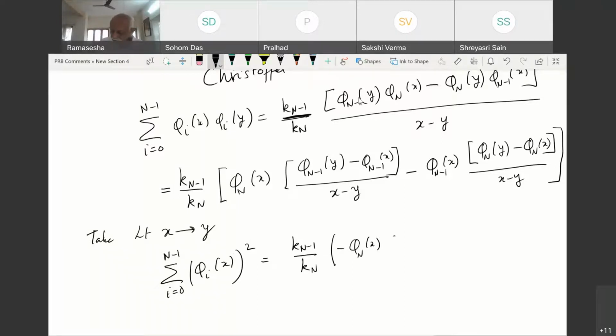So this is minus phi_n(x) phi_{n-1}'(y) plus phi_{n-1}(x) phi_n'(x). It's not y, but it is x only because I'm taking x tending to y.